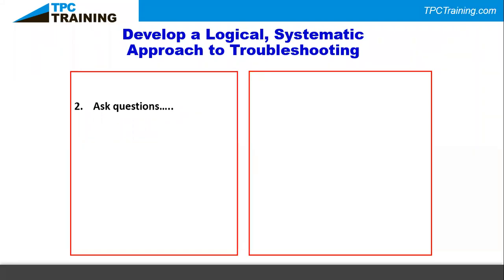Or they're seeing a red light flashing, or something like that, that will help narrow down the list of things that could be wrong. Really, the whole thing about troubleshooting out on the floor is trying to create a long list of things that could be wrong and narrowing that down to a shorter and shorter list of things that could be wrong with the machine or equipment.